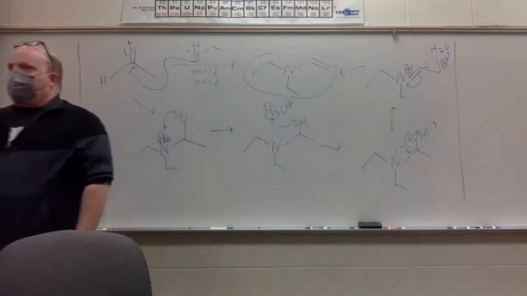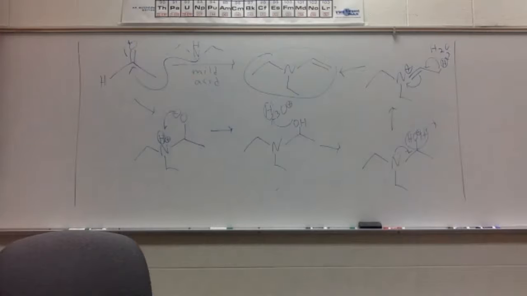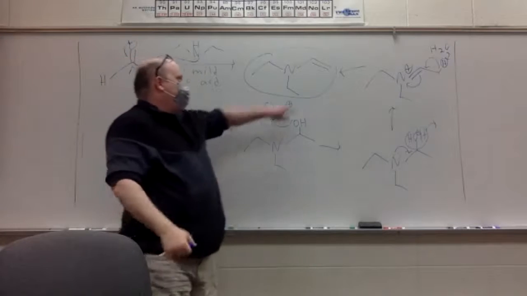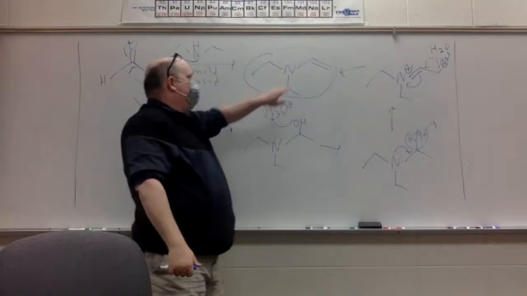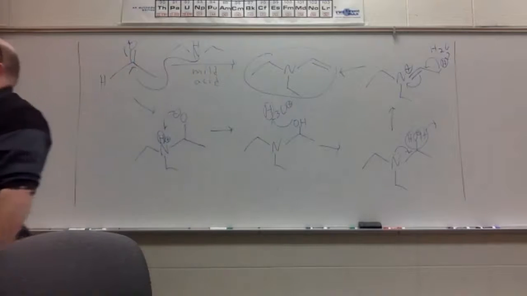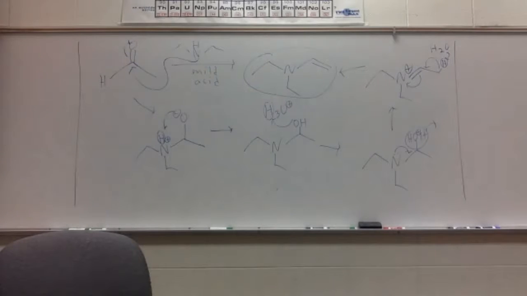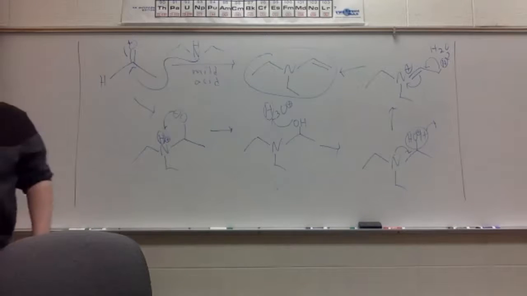And that's how you end up with your enamine. The name makes sense. It's part alkene for the ene, and part amine for the, well, amine part of enamine. Right? So the big difference is that last step.